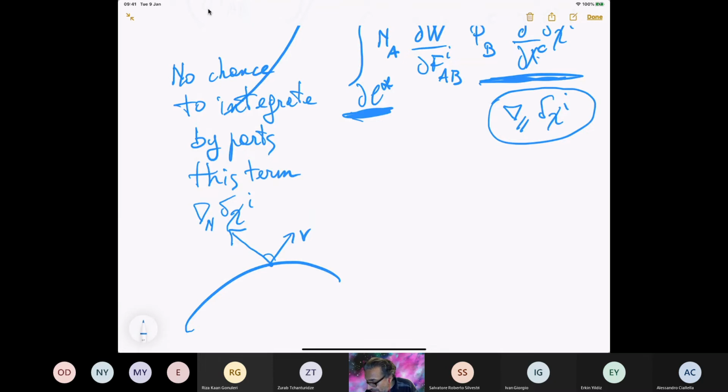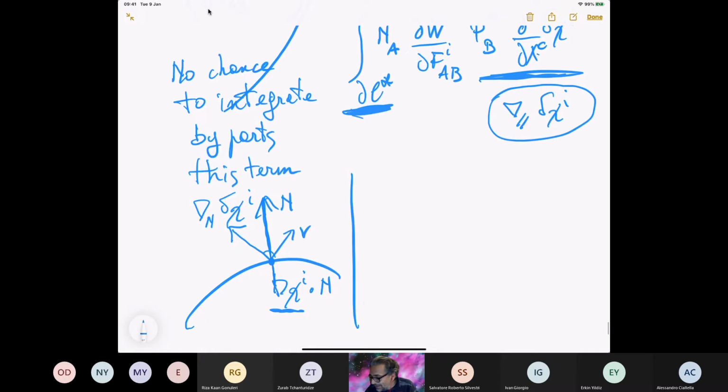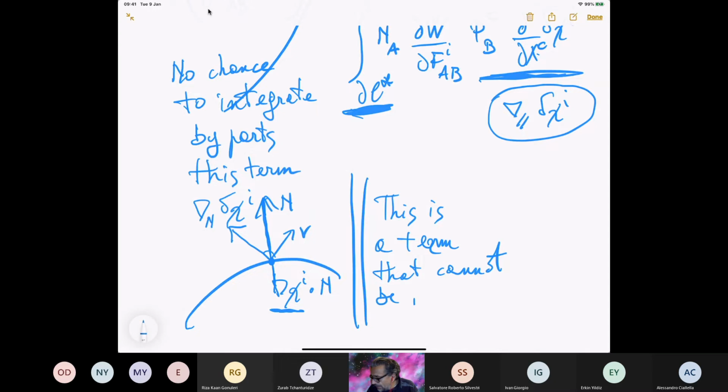This is grad Ki dot n. So this gradient tells you how Ki is varying in the normal direction. So you cannot integrate by parts along the surface, because this gradient is telling you the variation of grad Ki in the normal direction. So you cannot travel along the tangent plane for integrating by parts. So this is a term that cannot be integrated by parts.